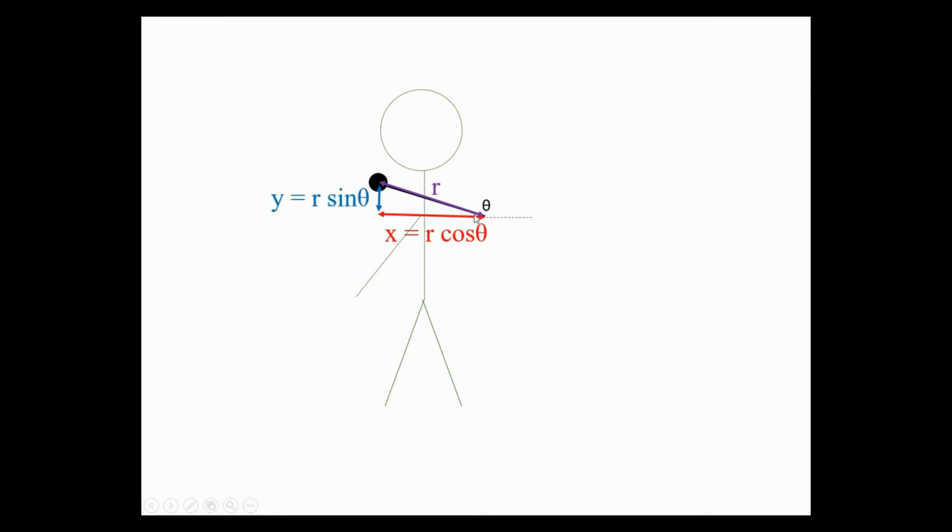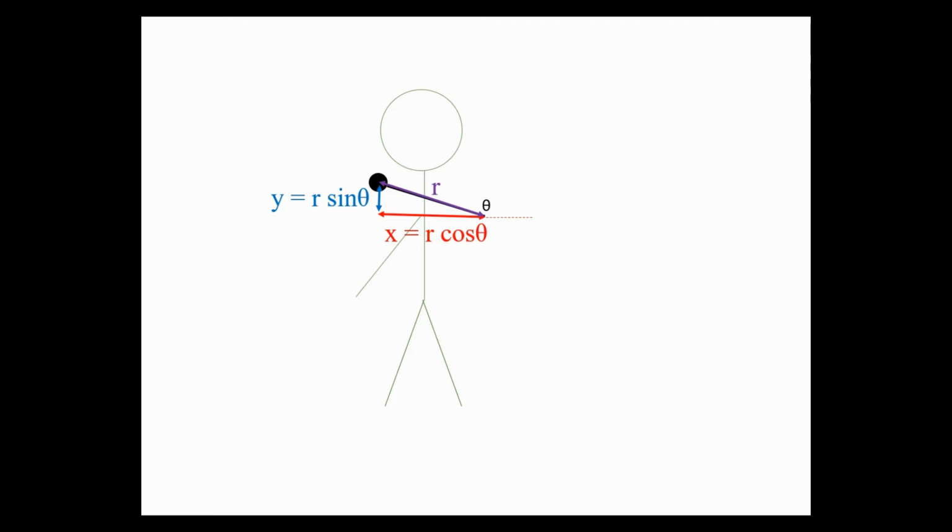But you see that we still end up with x equals r cosine theta, although that one will be a negative value, and y equals r sine theta back over here. You can go through and double check these, but I just wanted to point those out. We're also going to be seeing, when we look at the position versus time graphs, what appear to be sines and cosines. I should be more careful with what I say.